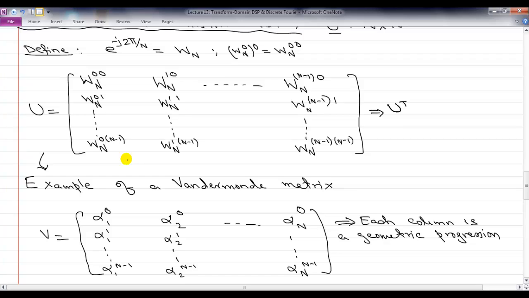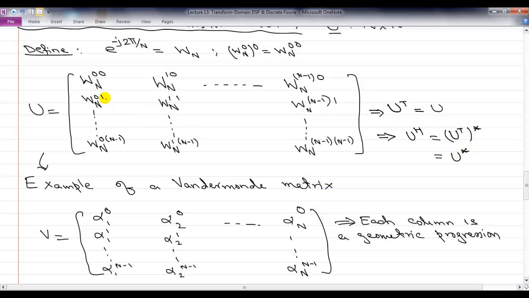And similarly, the second row and the second column. The DFT matrix is in fact a symmetric matrix, which means that U transpose equals U, which means that U Hermitian, which is defined as U transpose conjugate, is equal to U conjugate.